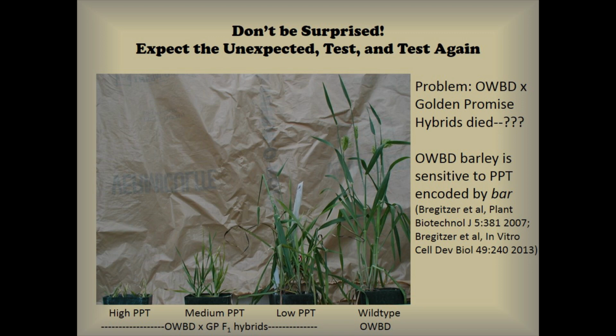And what we found as the source of this problem was that this particular line of barley was sensitive to the phosphinothricin protein that is encoded by BAR. And so this is quite a negative pleiotropic effect. This is one of these things that's concerning to me, but we have a system to get rid of the selectable marker.